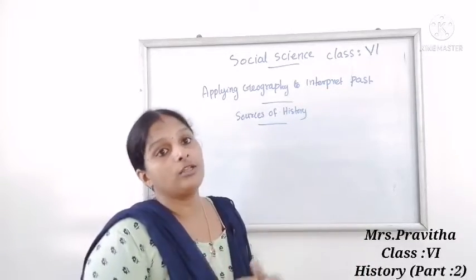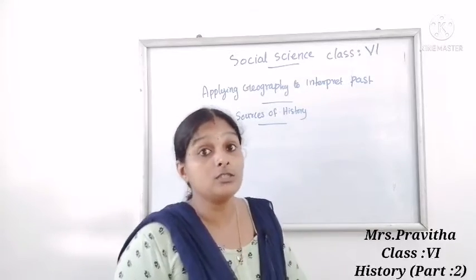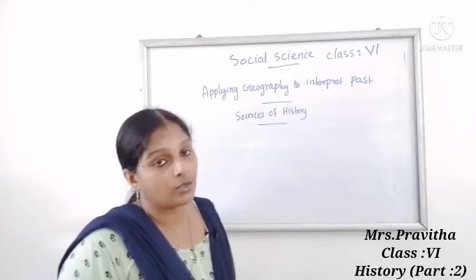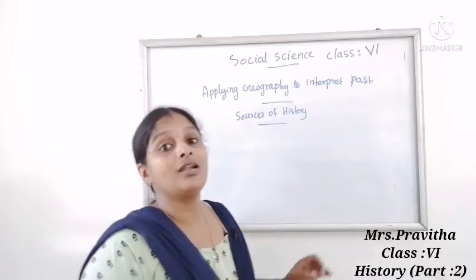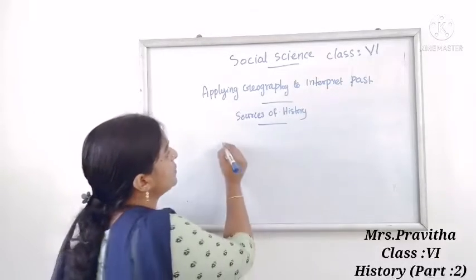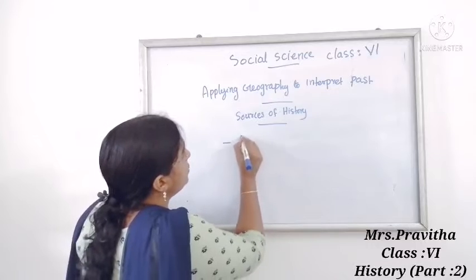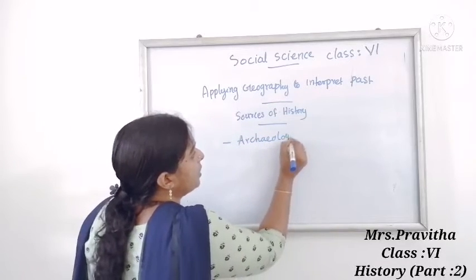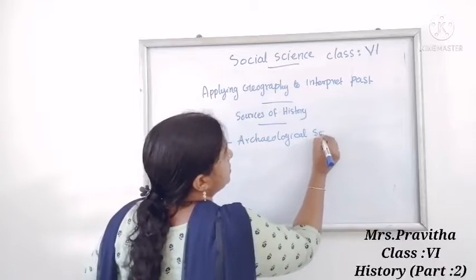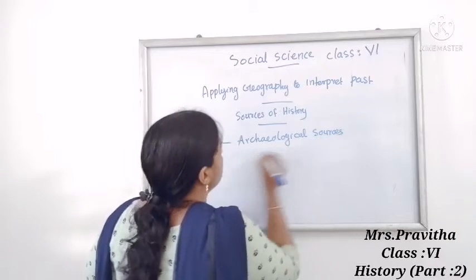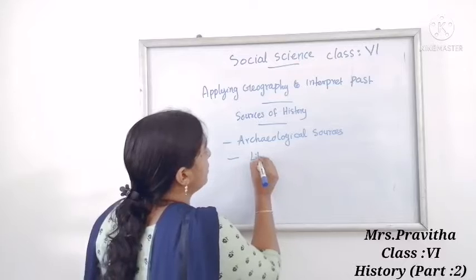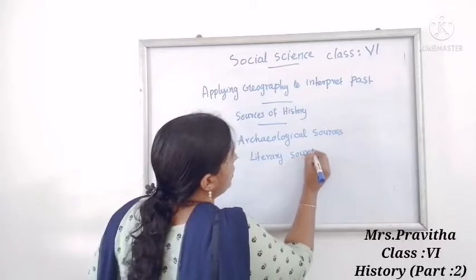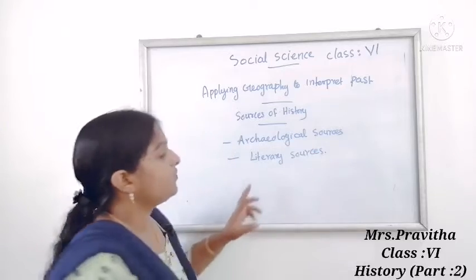Now we are going to study the two important sources of information used by historians. One is archaeological sources, second one is literary sources. So these are the two sources of history.